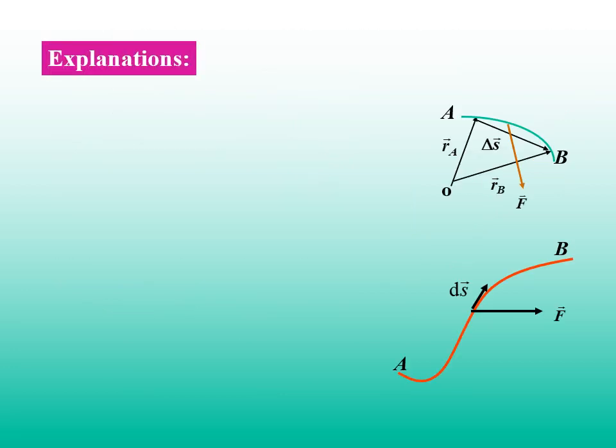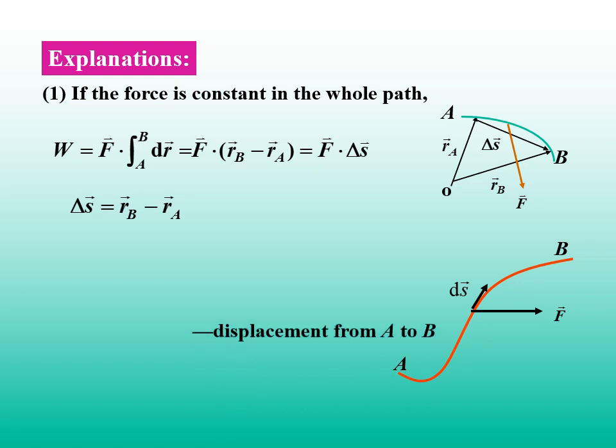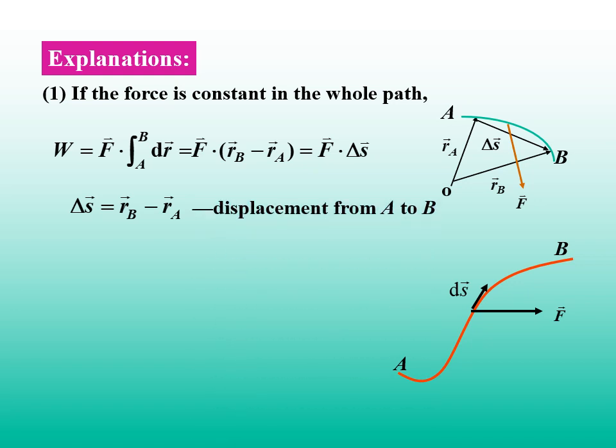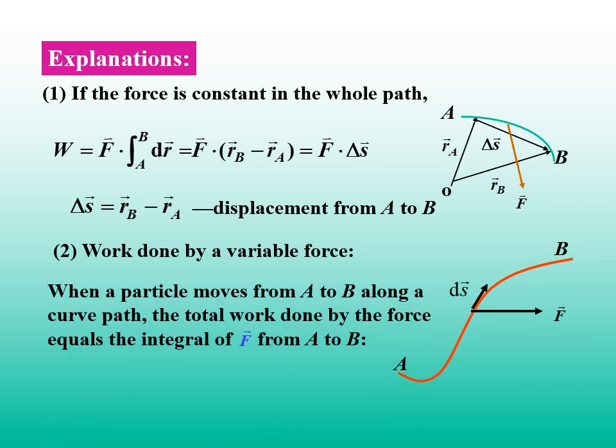A special case is that the force is constant in the whole path. For this case, we can take the constant force out of the integral sign. The work equals the force dot product with the displacement. For work done by a variable force, let us take a look at an example to see how to use the analytical methods of integral calculus to solve the problem.